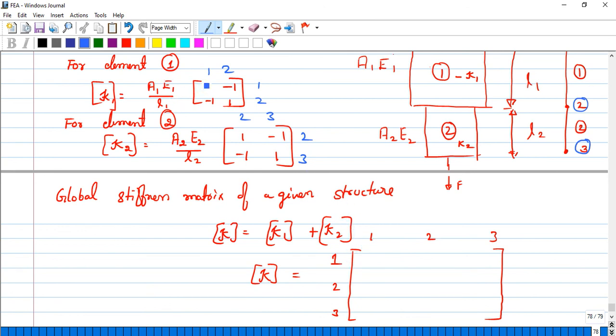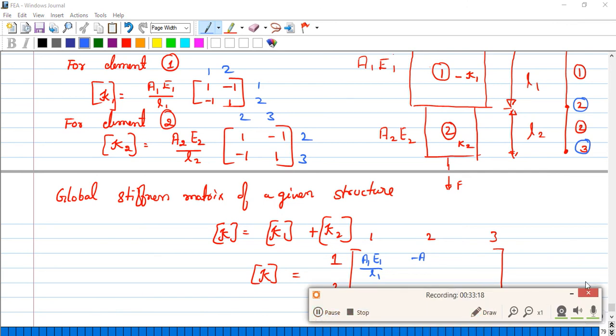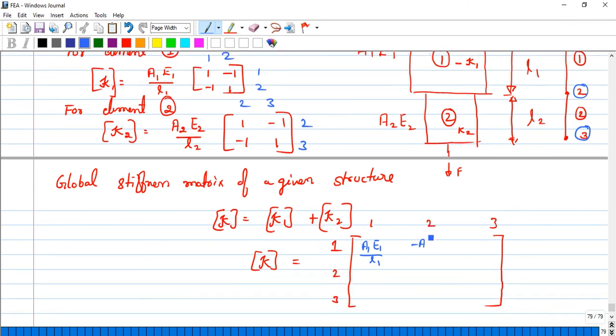Let me write the 1 1 position. Multiplying inside, I will take A1 E1 by L1. Let me continue; we are writing the global stiffness matrix.